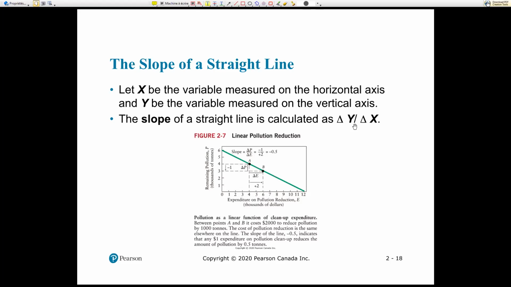Calculus would be dy over dx, saying that we want a small variation in x. Maybe I'm going to say a few things about calculus, but mostly we're just going to stick with these discrete changes, and mostly with straight lines.